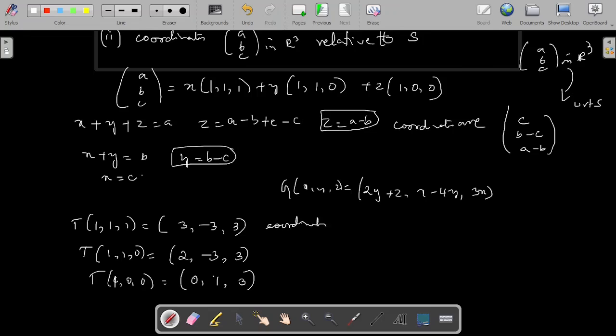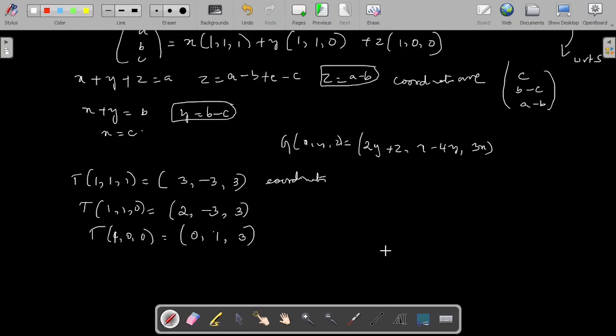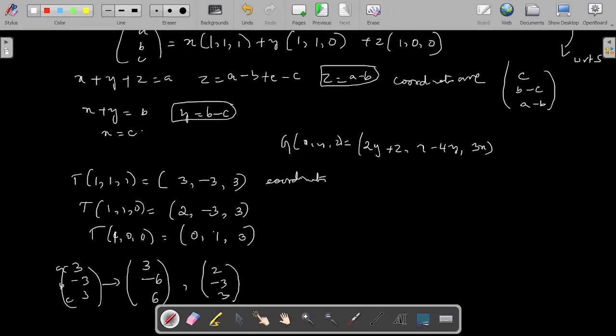The coordinate vectors: here 3 minus 3, 3. Where does it go? Apply this formula. This is a, this is b, this is c. So it is 3, b minus c which is minus 6, and a minus b, 3 minus of minus 3 is 6. Similarly, 2 minus 3, 3 goes to 3, b minus c minus 6, and a minus b, that is 5.